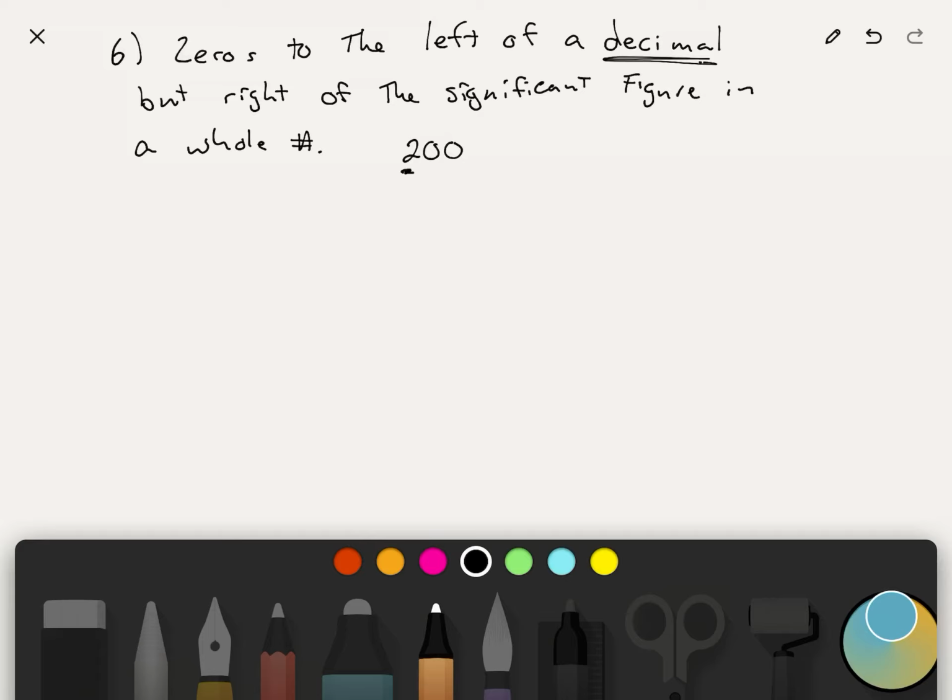So maybe you measured something as roughly 2 meters, but you need to report it in centimeters, so you know it's 2 meters. So you've got 200 centimeters, but you don't know if you had 202 centimeters or 198 centimeters. You just know it was really close to 2 meters. That would be an example of where 200 would have one significant figure.